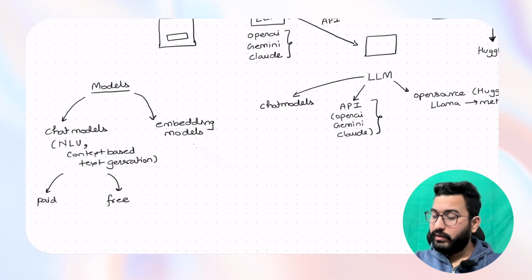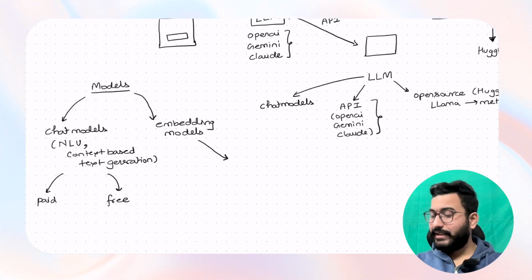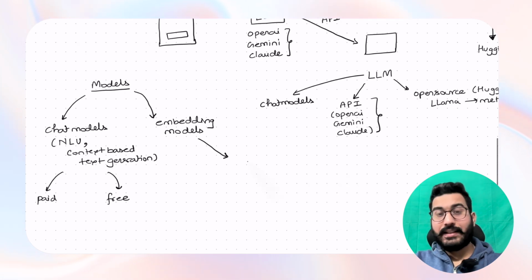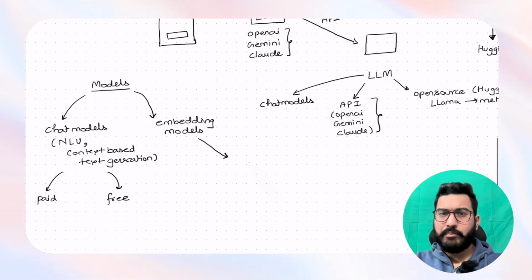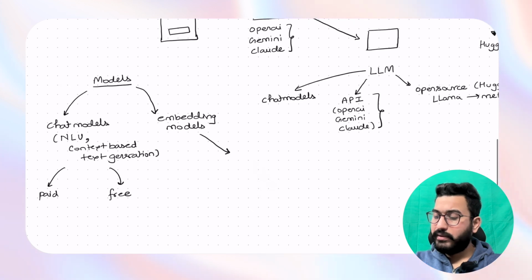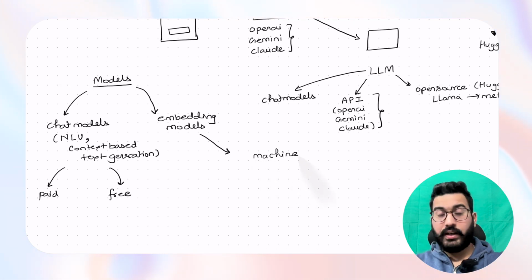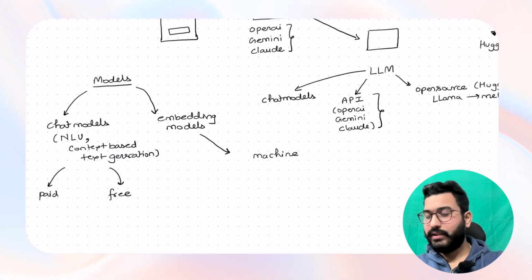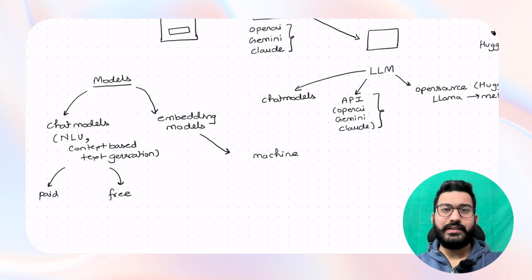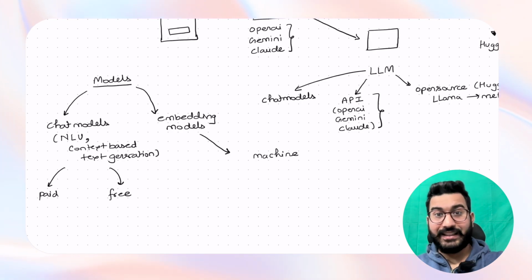Now, embedding models are those models which do not generate any text, but they take text as input and return a vector as the output. Remember, in the first video, we talked about these embedding models and why we need them. Basically, in a nutshell, all these LLMs are mathematical machines, and these machines cannot understand words or characters.